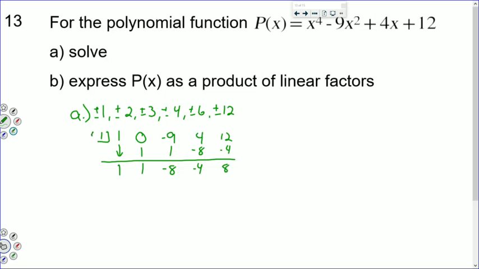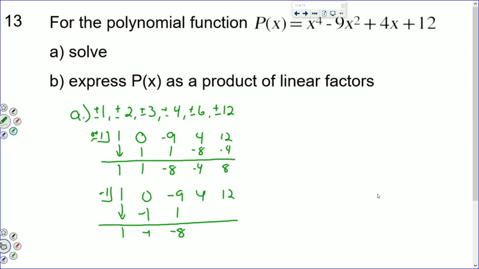So 1 doesn't work. Negative 1. 1, 0, negative 9, 4, 12. Bring that down. 1, negative 1, negative 1. Okay, it's just going to live like that. So negative 1 times negative 1 is positive 1. This becomes negative 8.